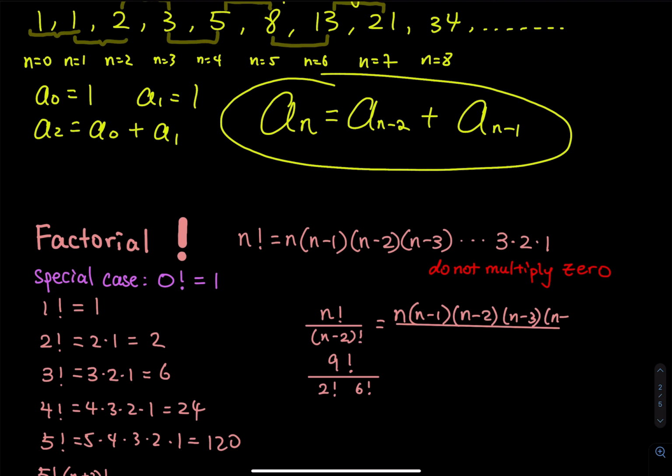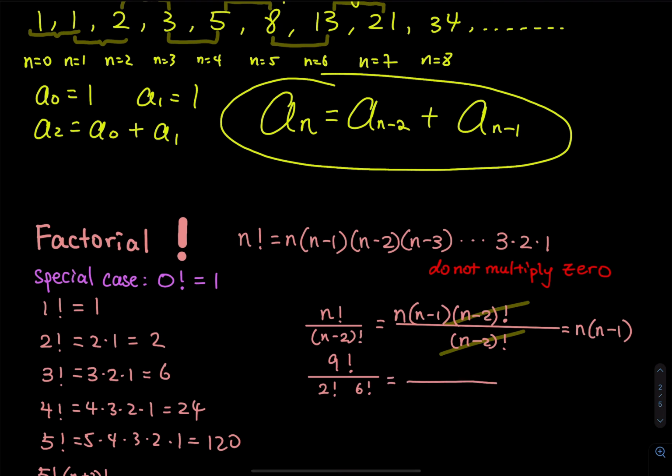So I am going to take a few steps back, and then I will just stop at n minus 2, and then I will just place a factorial in here. So that is like placing a stop sign, so I don't need to keep on writing. And then divided by n minus 2 factorial. As a result, I can get rid of these, and then the answer is equal to n times n minus 1. So that's how you do the simplification.